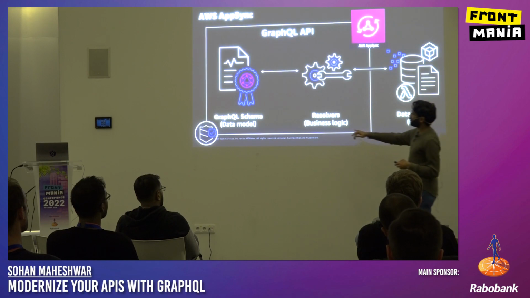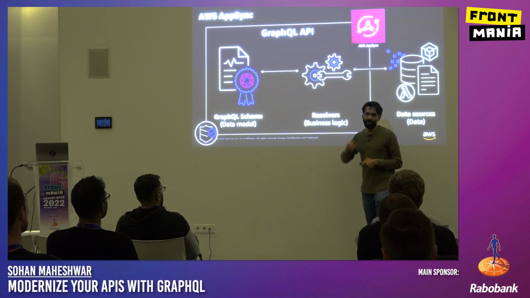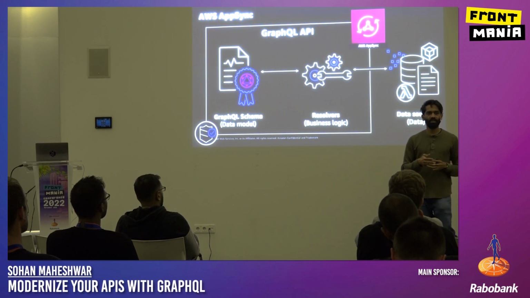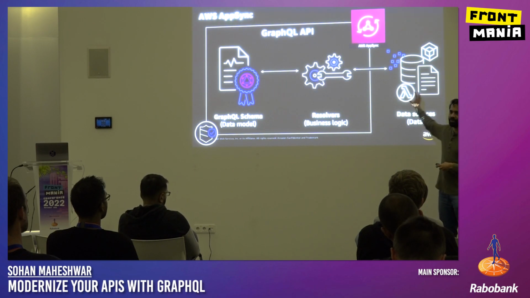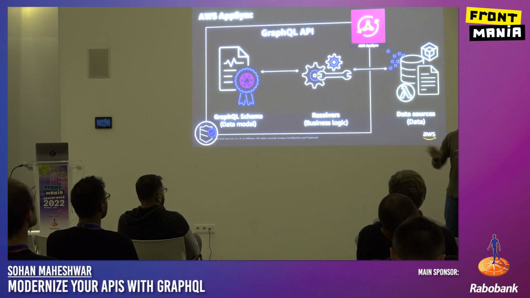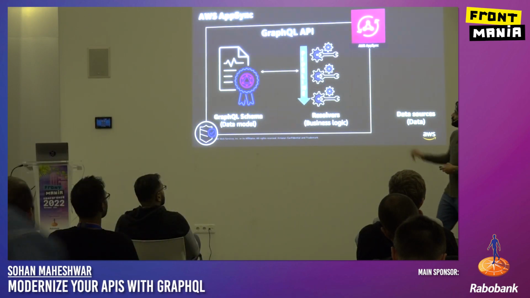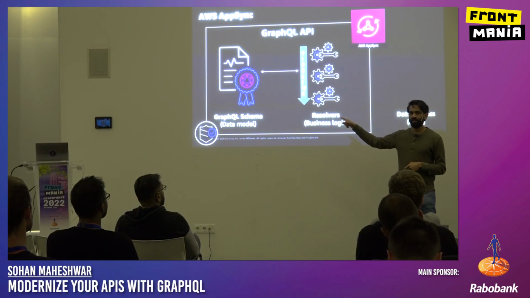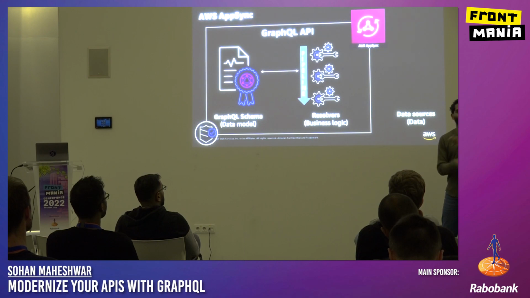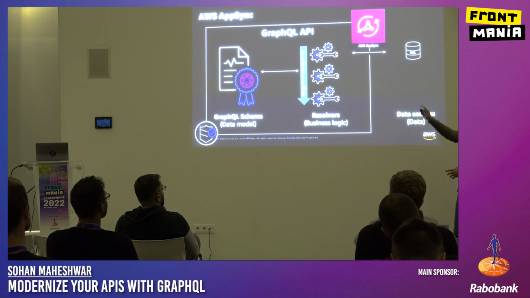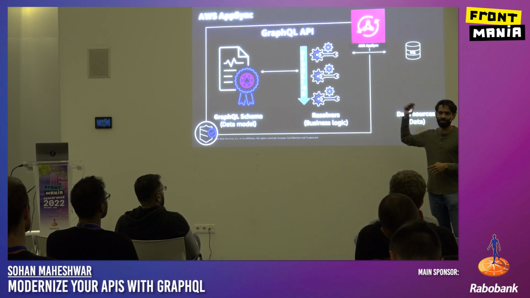Well, there are actually two types of resolvers you can run. The first one's called a unit resolver, where it's one resolver talking to one data source. It's in serial, all good. You can also run something called a pipeline resolver, right? Where it is actually a bunch of unit resolvers, one after the other. Say, for example, for the first one, you need some data from your SQL database.